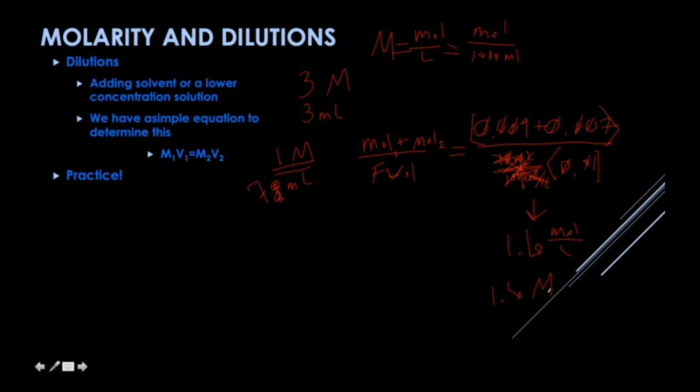But what I want you to notice is that my 1.6 molar is between my first one and my second one. That's very important because it lets you know you did it right.